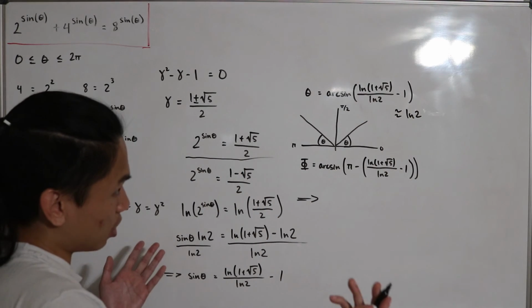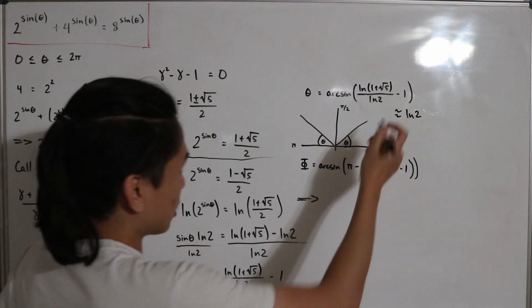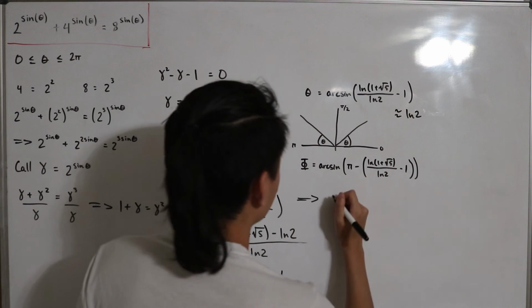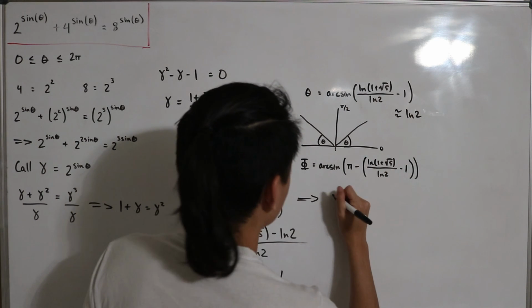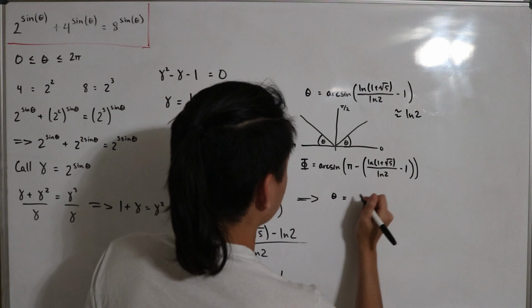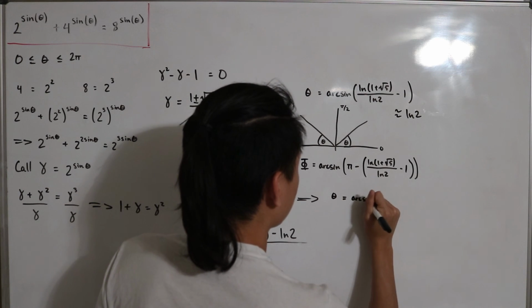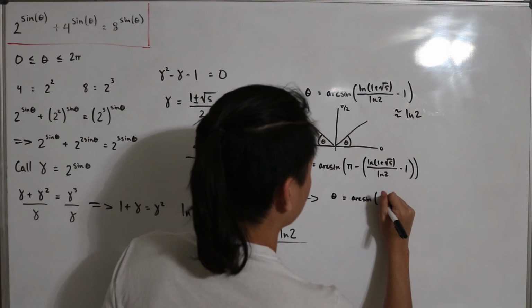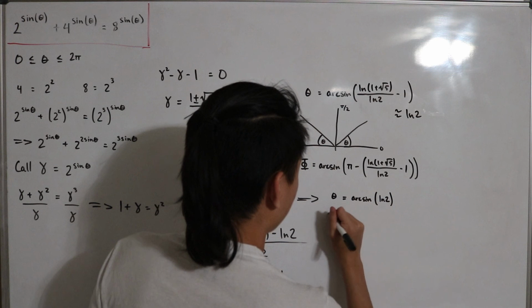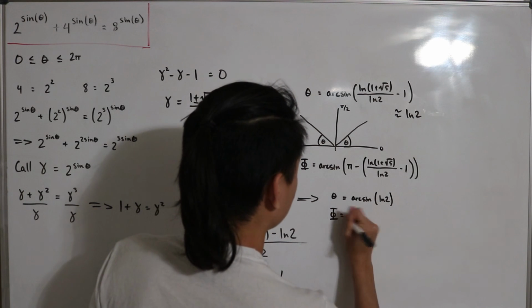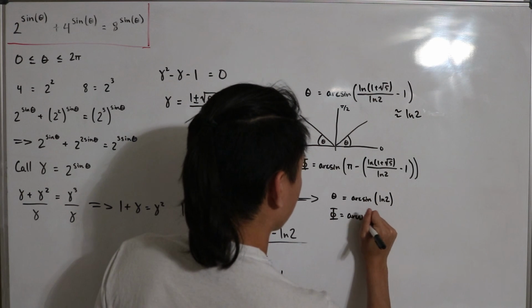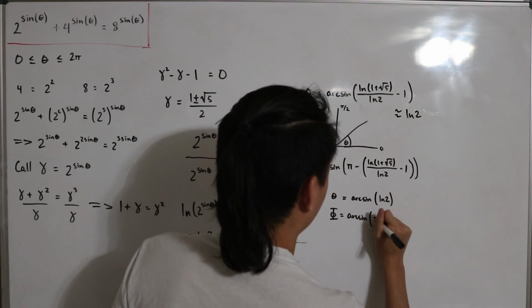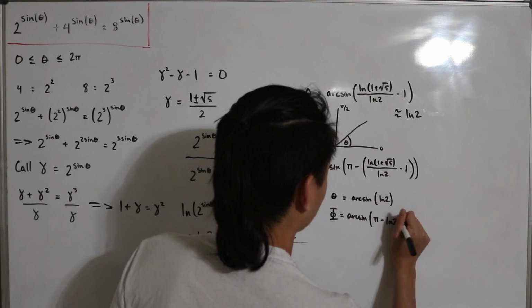So therefore, I can just replace everything with the natural log of 2, and we have our 2 answers. Theta is equal to the arc sine of the natural log of 2, and then our capital phi is equal to the arc sine of pi minus the natural log of 2.